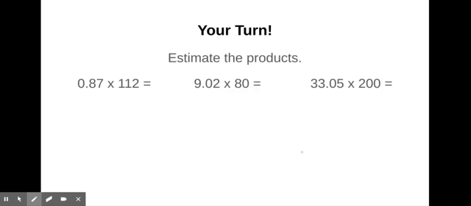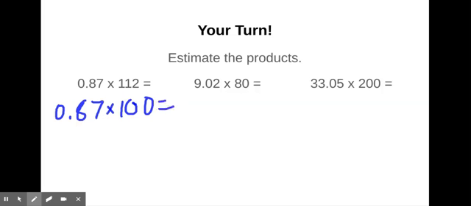Remember that estimates are about answers, so your answer might not be quite the same as mine, but it should be pretty close. For this first problem, 87 hundredths times 112, I can think of solving this in two ways. However, I'm going to solve it with this 112. I notice that 112 rounds to 100, and I know how to multiply a decimal times 100.